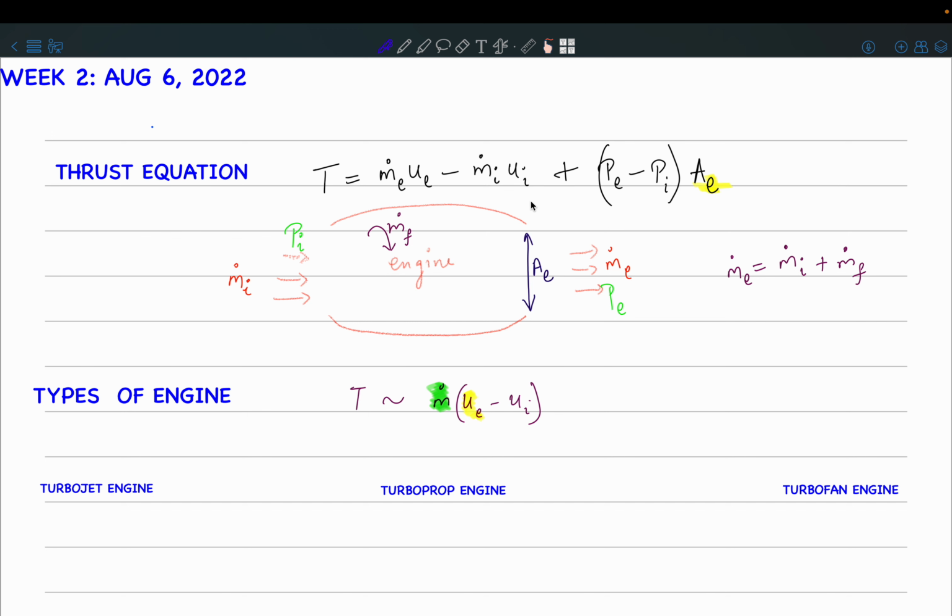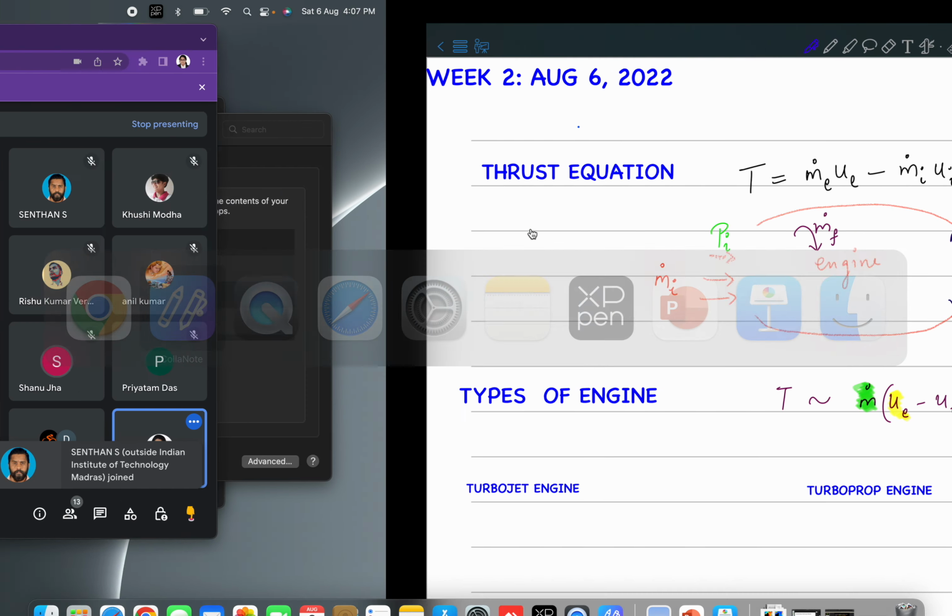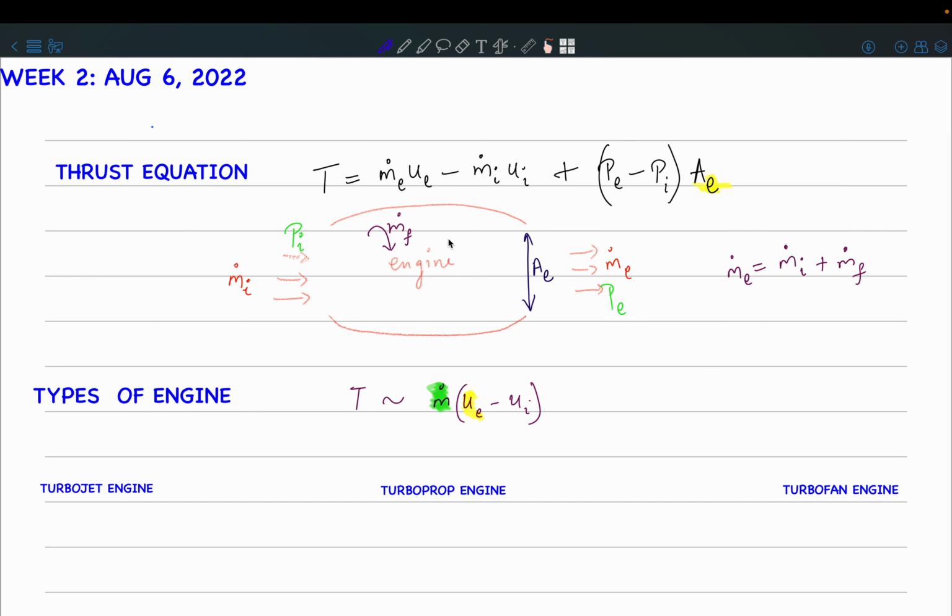Yeah. So I just want you to note what is happening here. The thrust depends on the rate of change in the momentum, right? So there is a mass of air which is flowing into the engine, and a mass of air which is flowing out of the engine.